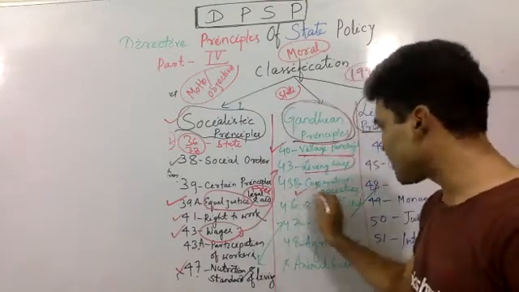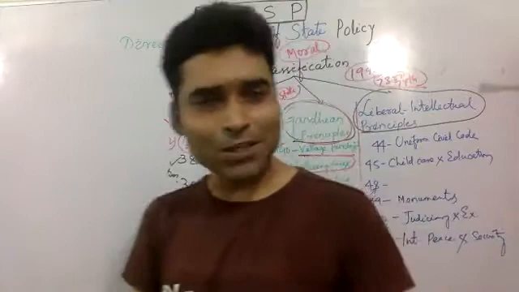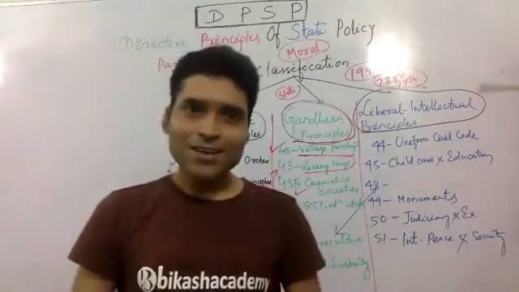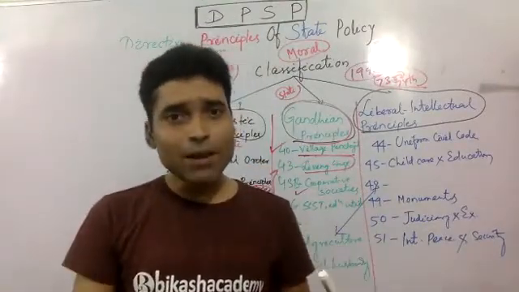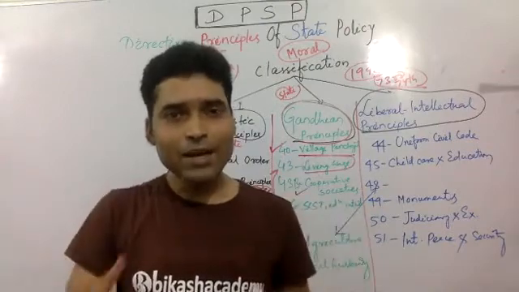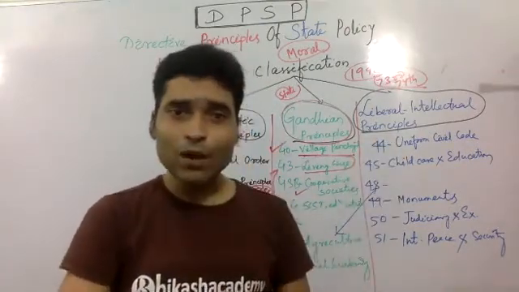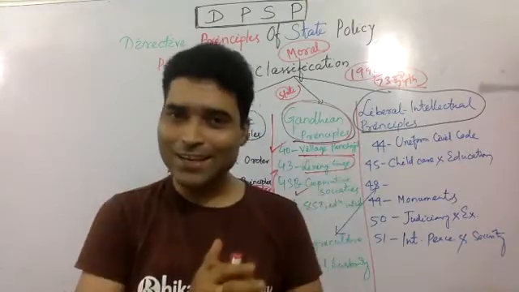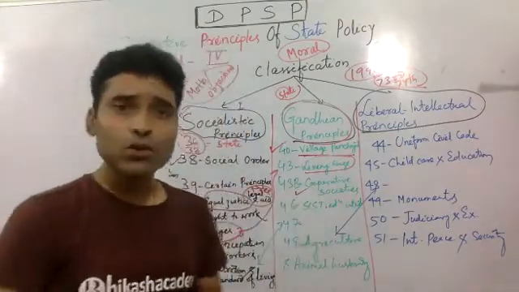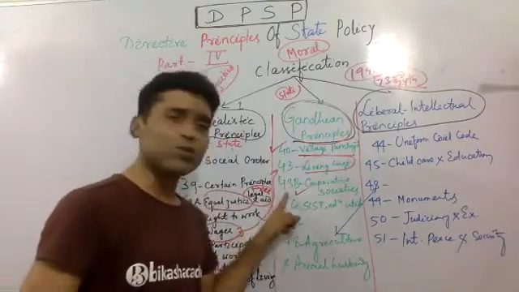And 43B says cooperative societies must be established so that common people, laymen, can establish their startups and fulfill their daily livelihood and basic needs. So you have to remember cooperative societies.